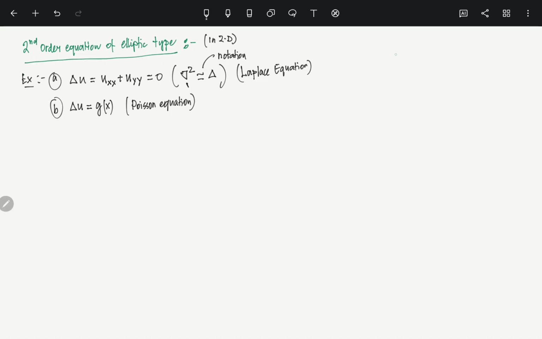So the Laplacian of u in 3 dimensions, where u is a function of x, y and z, is u_xx plus u_yy plus u_zz. Clear? In 4 dimensions you can go on doing this. So x depends on the dimension. Since I am taking 2 dimensions, x is x1, x2, so I can write it as g of x, y. This is called the Poisson equation.